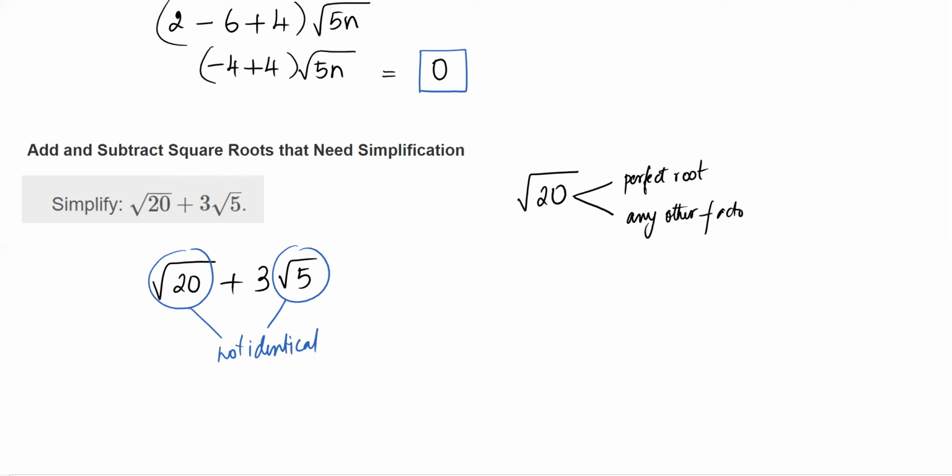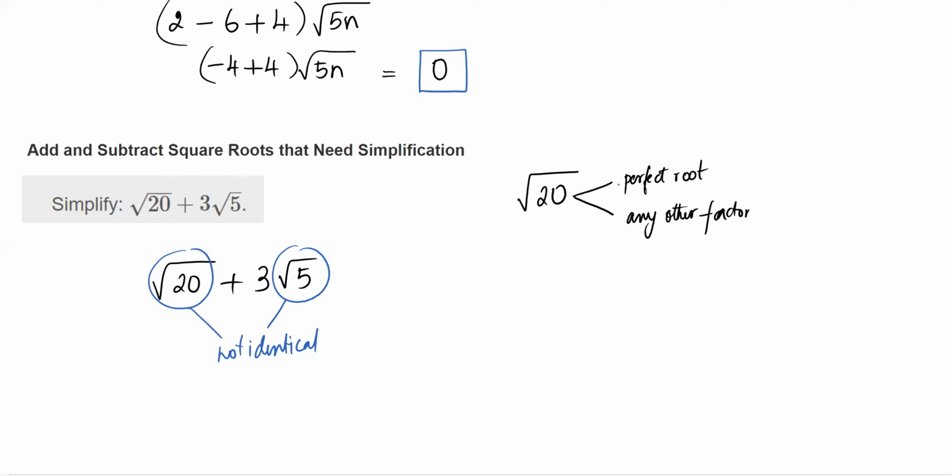This is the rule that we have to remember, to see if there is a possibility for simplifying. Why do we need it to be a perfect root? Well, if it's a perfect root, then the radical symbol can be removed, right? That's the whole idea. So we really want the perfect root to be one of the factors.